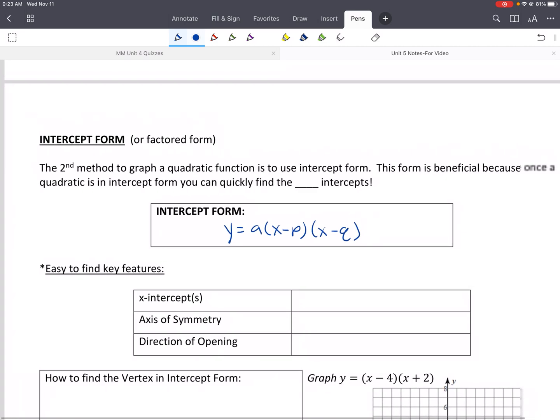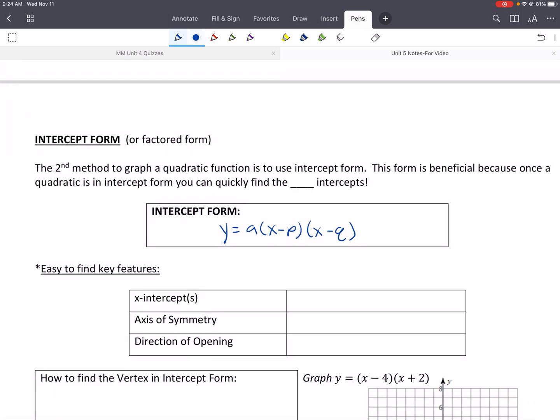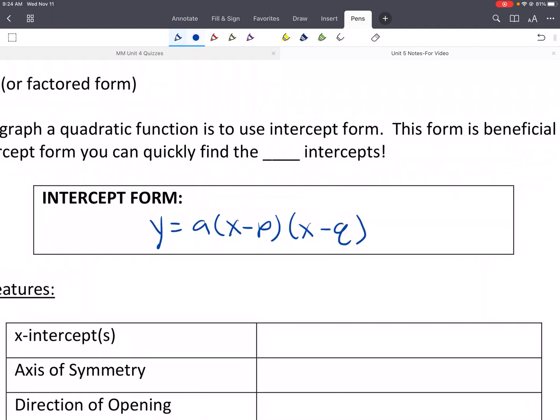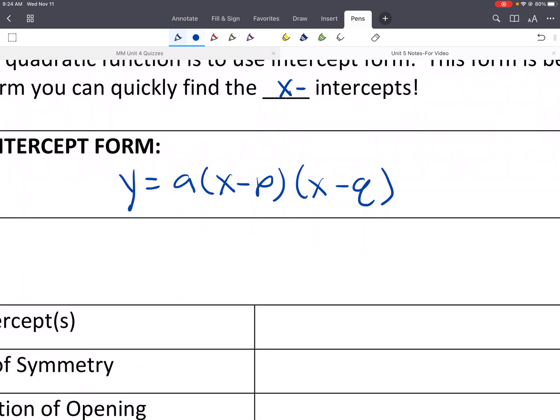This form is beneficial because once a quadratic is in intercept form, you can easily find the x-intercepts. Again, we talked about in 5.1 where the solutions of a quadratic are the x-intercepts. In the past, when we solved by factoring, we would say either x minus p is equal to 0, and we would add p to both sides.